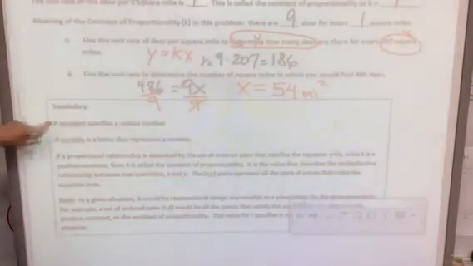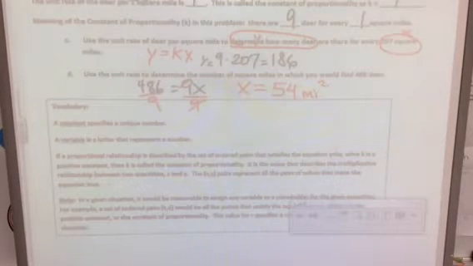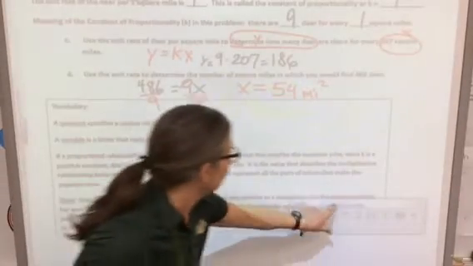Okay, so down here we've got some vocabulary, and I'm going to check while you read over your vocabulary, and I'm going to see how much time I have. I've got about halfway, so we're going to do another example.